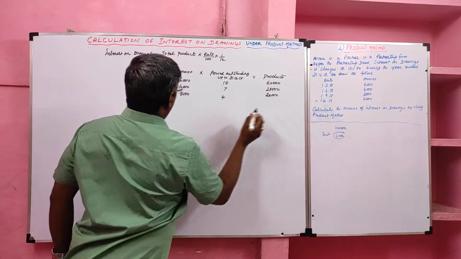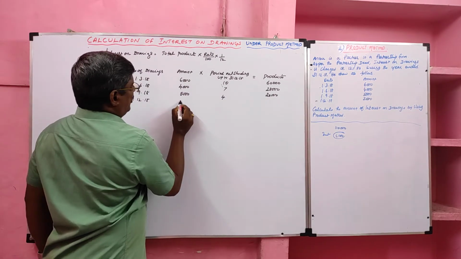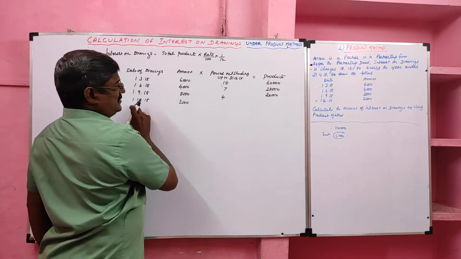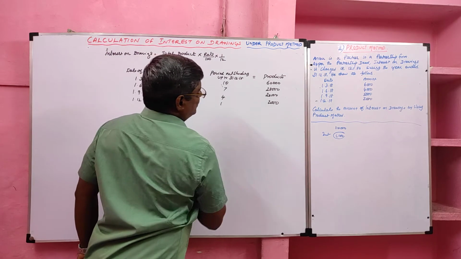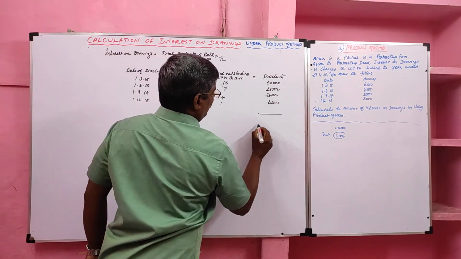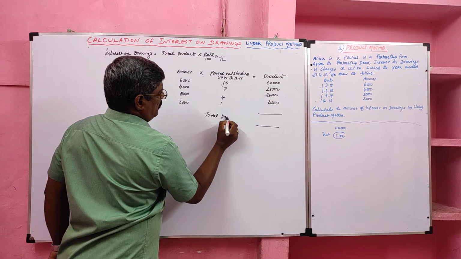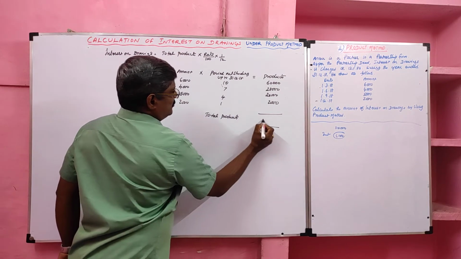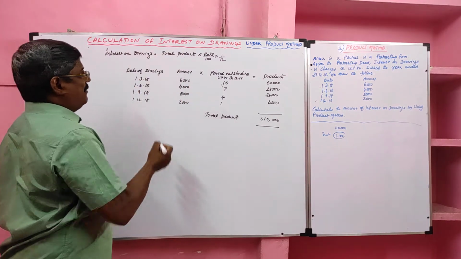Then the last drawing 1st December 2018. The value of drawing 2,000. So 1st December to 31st December, 1 month. The product is 2,000. If we add these, we will get total products, which is 1,10,000.